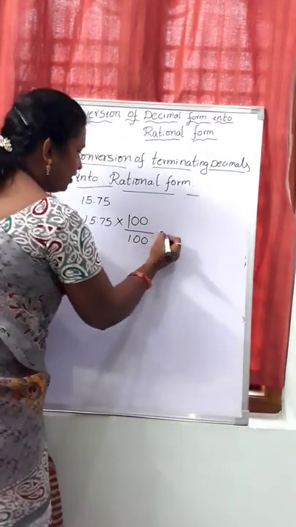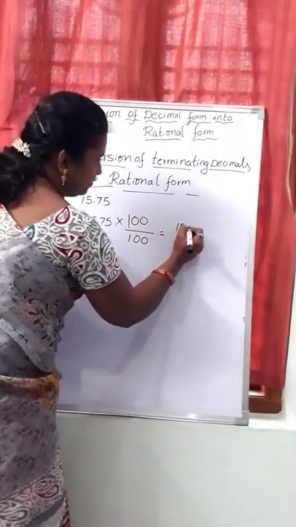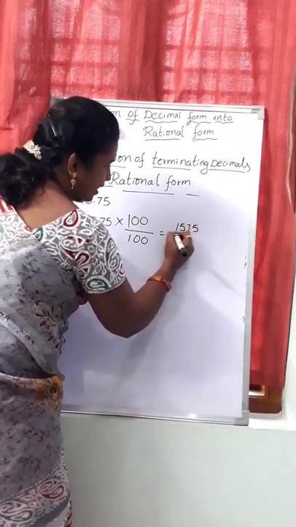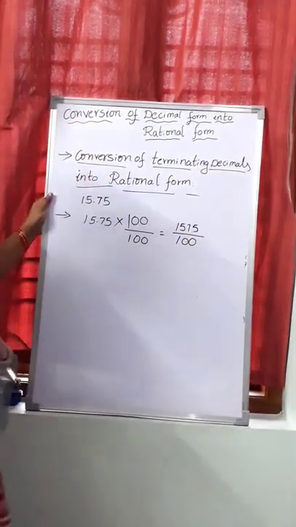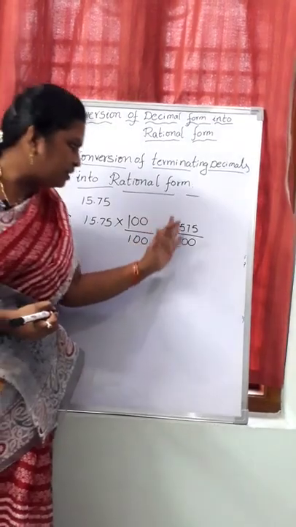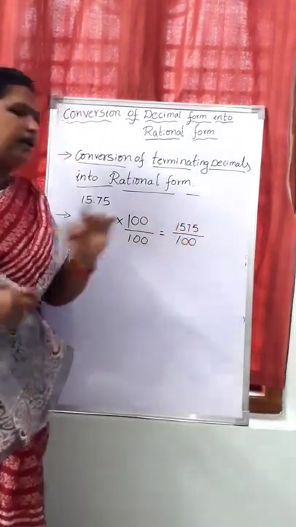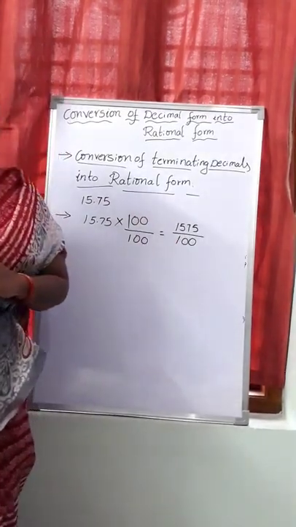When we multiply 15.75 with 100, we get 1575 by 100. Now this is the p by q form. But when we observe this number, both the numerator and denominator have some common factors.